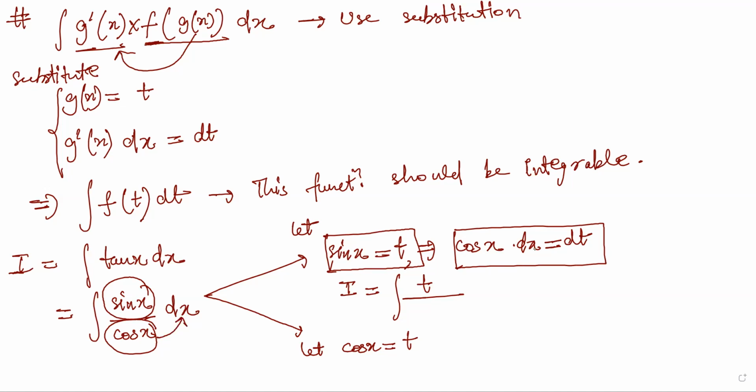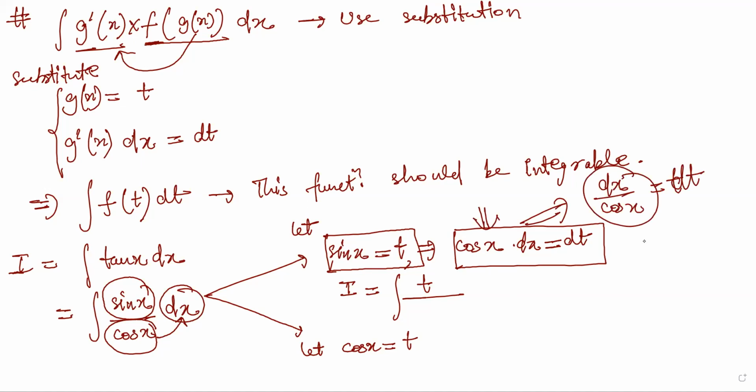If here it was cos x, it would be very simple to integrate. It would be the best thing for this integration. But we don't have this dx by cos x. We have cos x into dx, which cannot be substituted because it won't lead us to any answer.